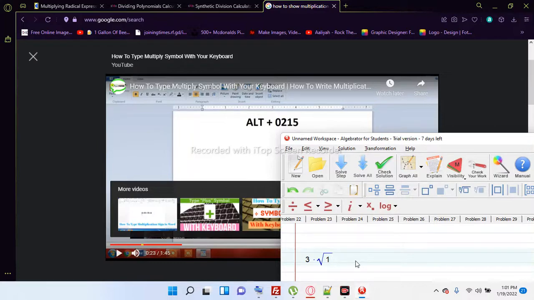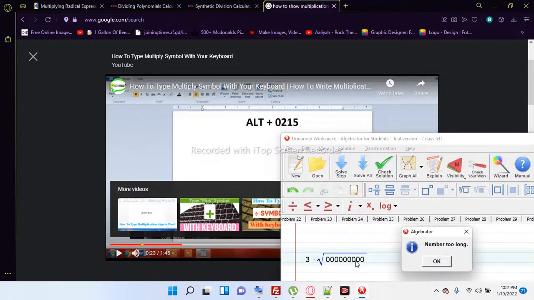Shift alternate 02. Alternate 0215. Nope, it ain't working. Oh, it did it. It did it right there.